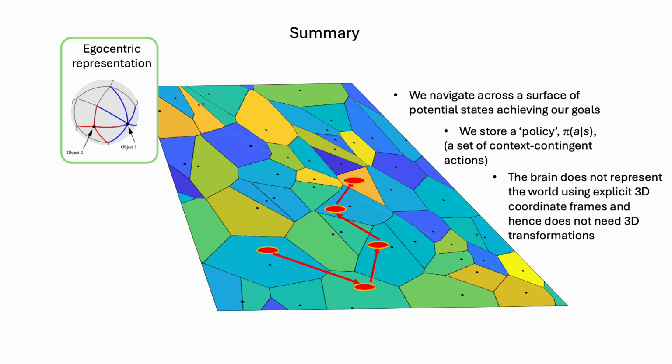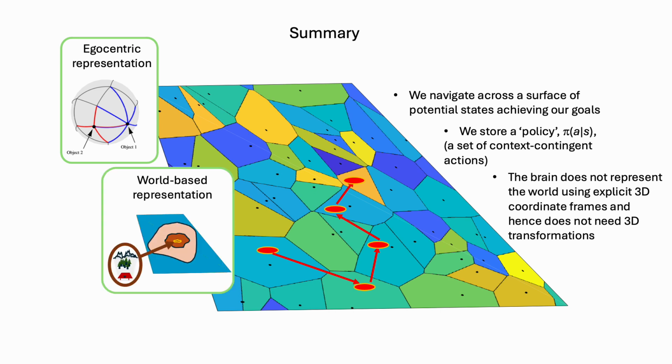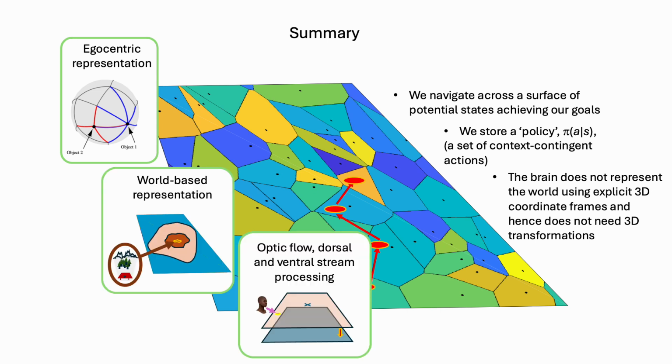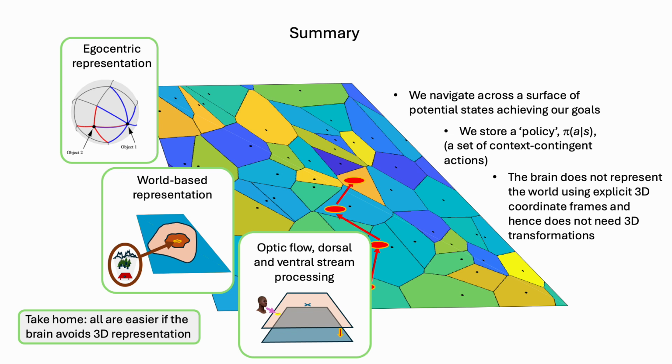We've talked about how you could use this framework to give an egocentric representation, how that's closely related to a world-based representation, and how optic flow, dorsal and ventral stream processing relate as well. And the take-home message: all of these are easier if the brain avoids 3D representation. Thank you.